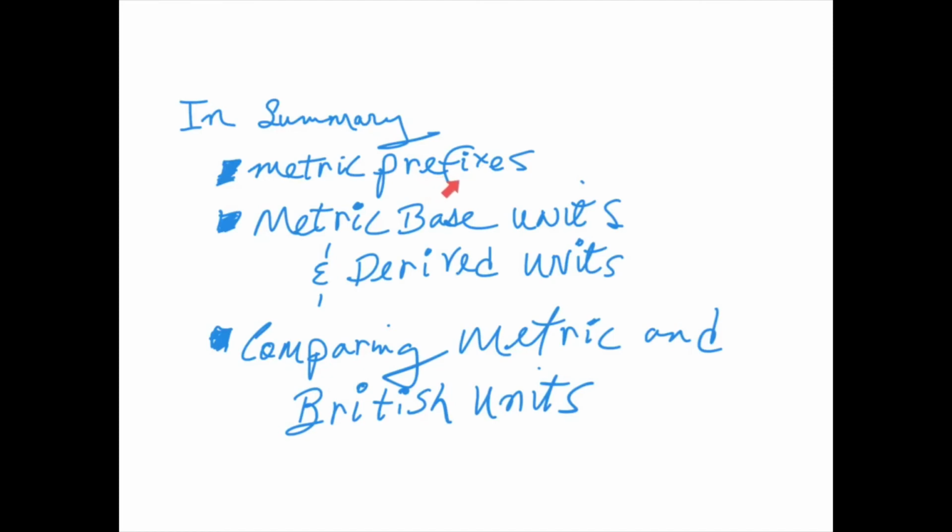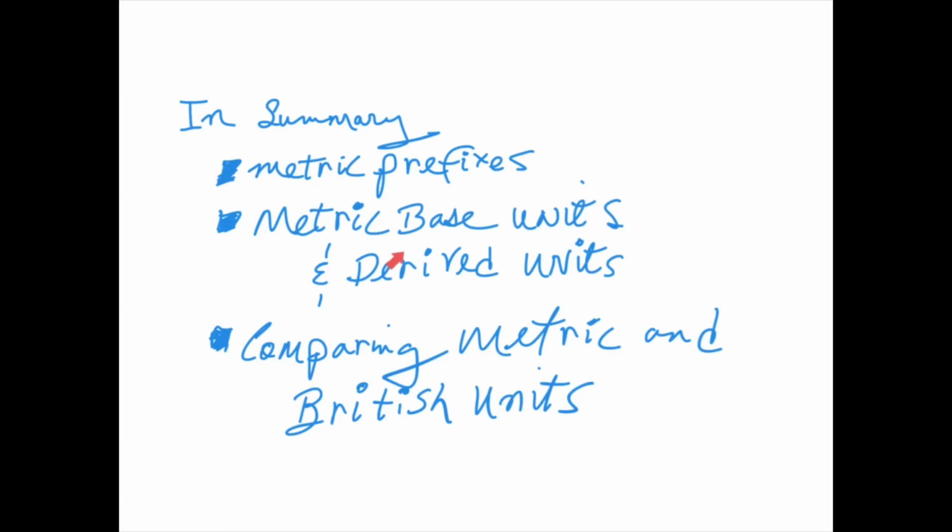We also use centi. Centi is 1/100th. 1 anything is 100 centis of those things. 1 meter is 100 centimeters. And we also use milli. Milli is thousandths. 1 anything is 1,000 millis of that thing. 1 gram is 1,000 milligrams.